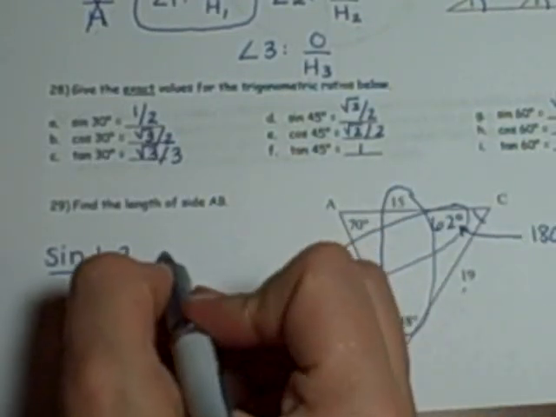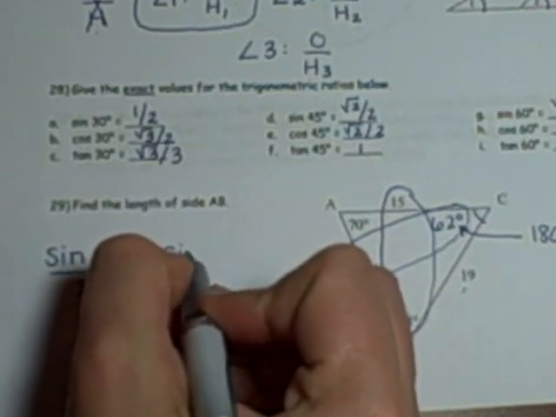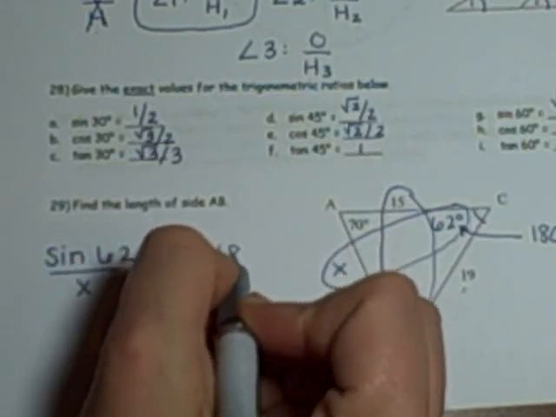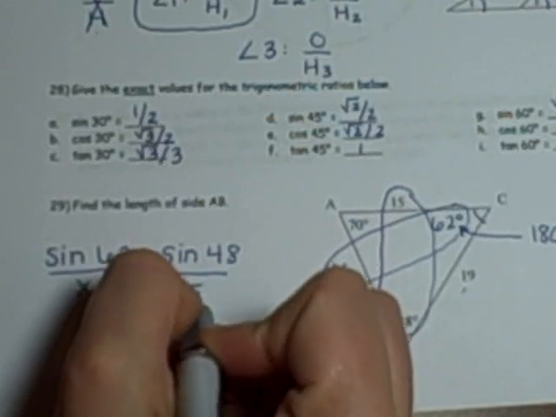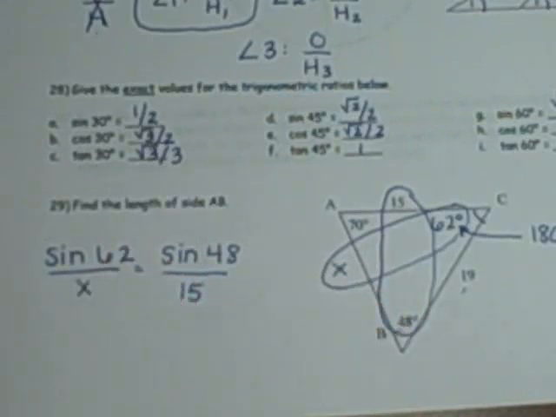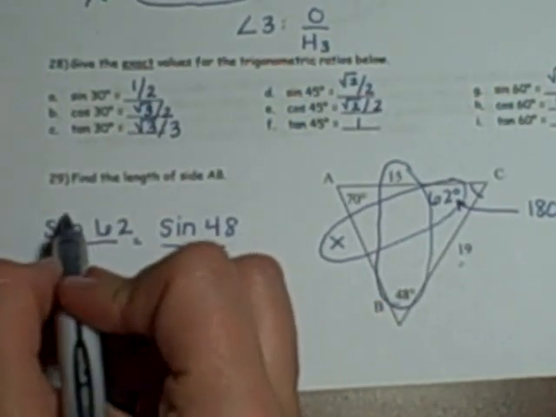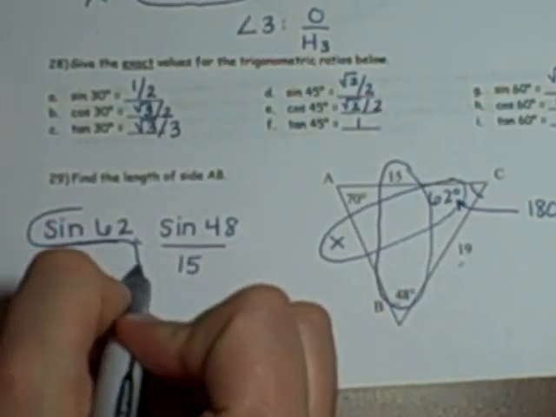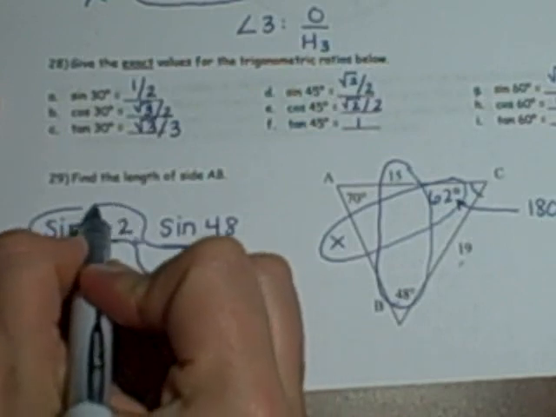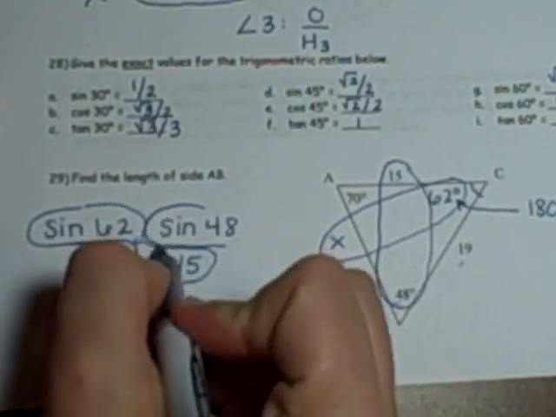And again, when I pair these up, I want the sine of the angle. So I would do sine of 48 over 15. Now I'm going to cross multiply and divide. All I would do here is sine of 62 times 15, and then after I get that answer, I'll divide by the sine of 48.